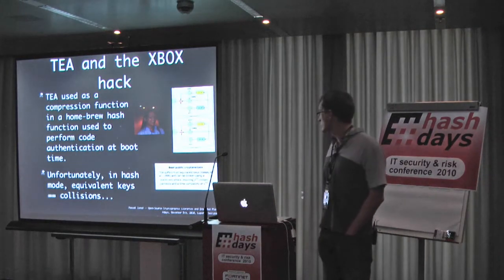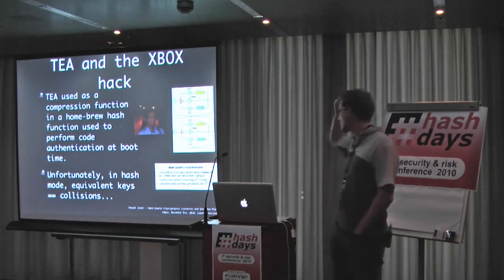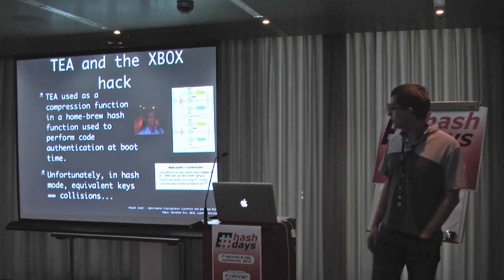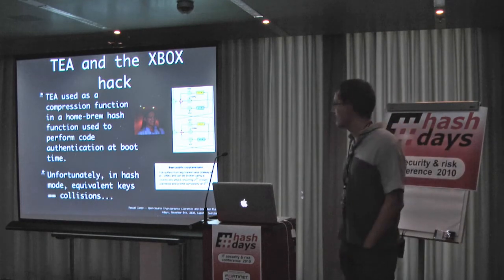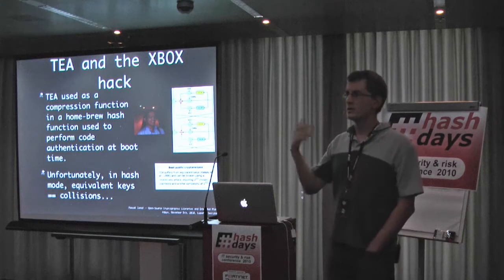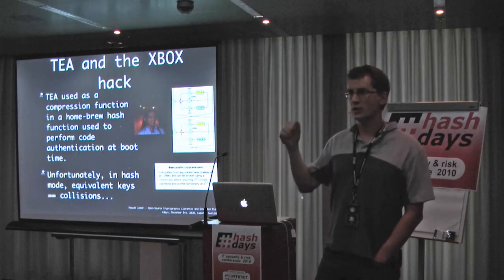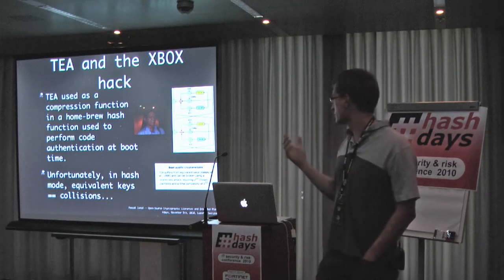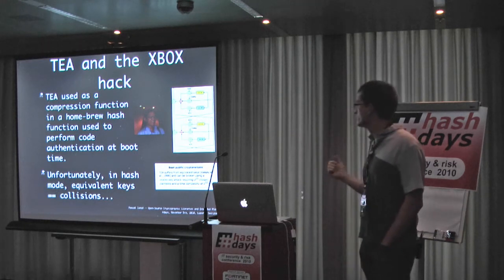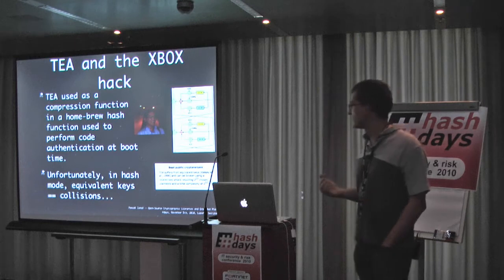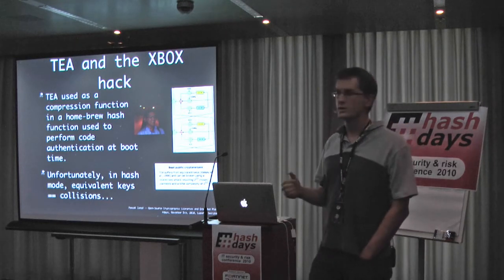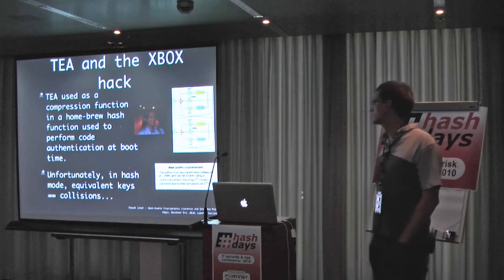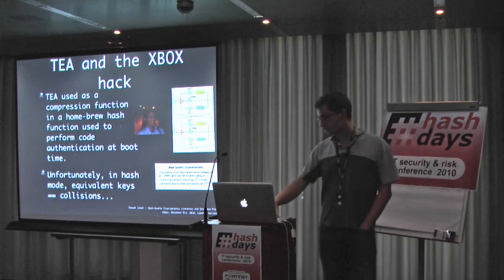Unfortunately, Wikipedia tells us that in '96 we already knew that TEA suffers from equivalent keys, meaning keys with different values which encrypt every plaintext the same way, which implement the same permutation. And basically, when you consider equivalent keys in hash mode, this is equal to collisions. So it means that the hash function was badly broken.